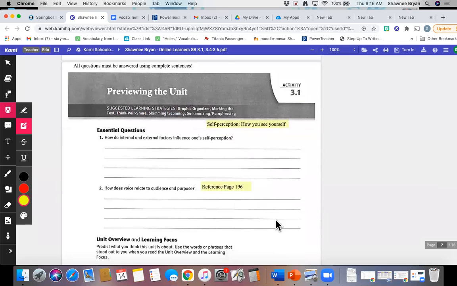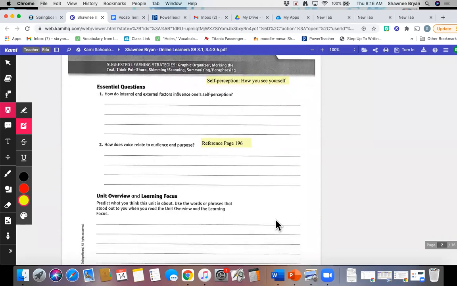The next page is where we begin 3.1, which is your task for Monday. The first question, how do internal and external factors influence one's self-perception? This is an opinion-based question. You will not find the answer to this in the learning focus.